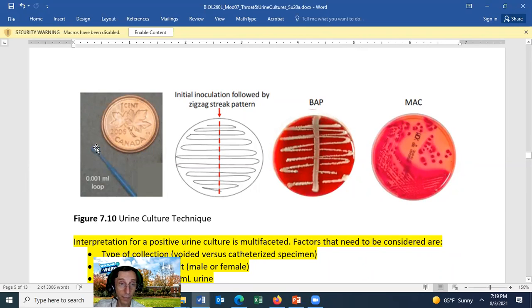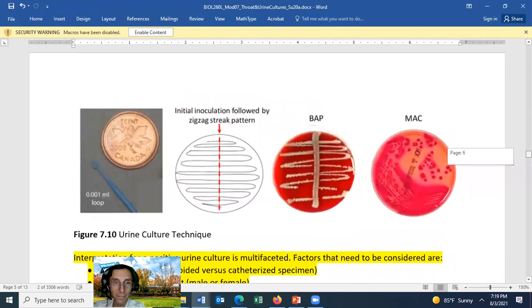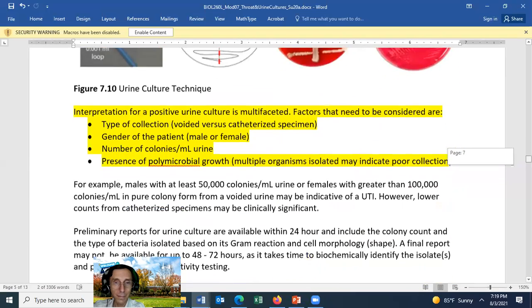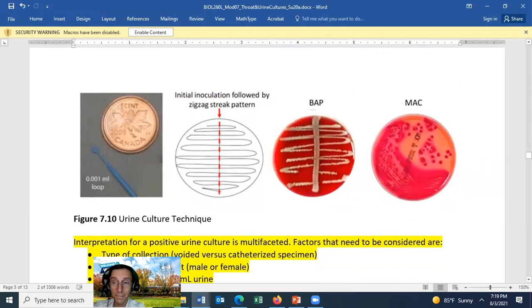And that little swab there has a volume of exactly 1/1000th of a milliliter. And that's the size of the loop compared to the size of a penny. Any question about that? And the Canadian penny is the same size as our penny.